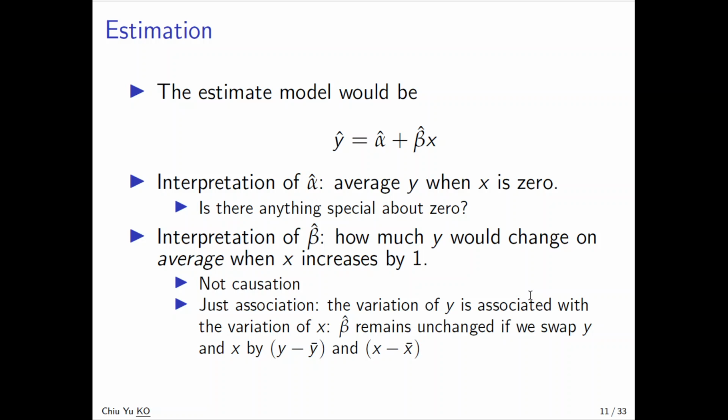In that case alpha hat will be 0 and beta hat will be the same thing. Okay, so that's the interpretation of this regression.